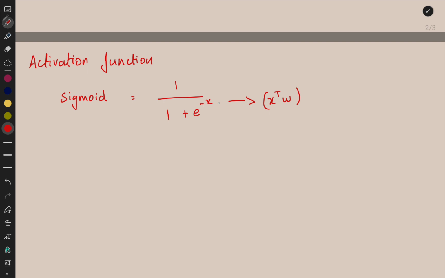After applying the sigmoid function on any input, the value will come to between 0 and 1. If you take the sigmoid activation function, it will be a curve like this.